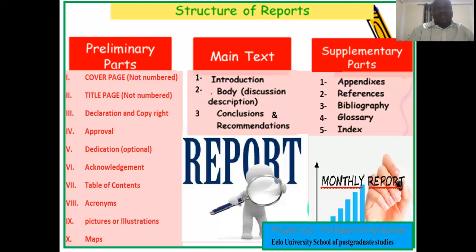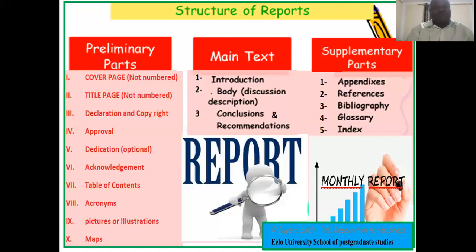You must also have a table of contents. This is a list of items in your report. You put the item and the page where it can be found. Acronyms could be sometimes abbreviations, like EU may stand for European Union. It can also be Elo University. Okay.